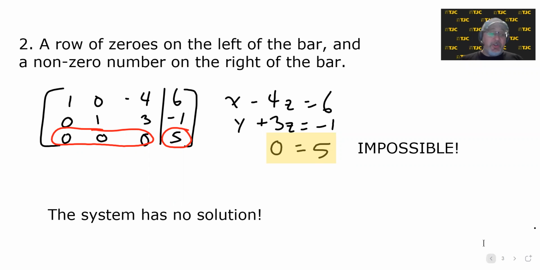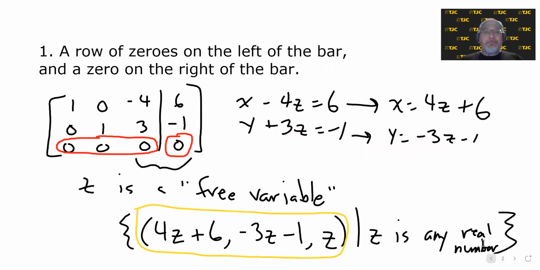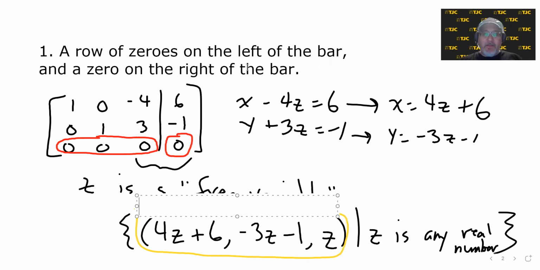So to summarize the two things that can go wrong, or different: one row gets completely zeroed out from left to right. That's all right. That means the variable that should have been represented in that corresponding column, third row, third column, is a free variable. You solve for the other variables in terms of the free variable, and your solution is a little bit more generic because you write something like this.